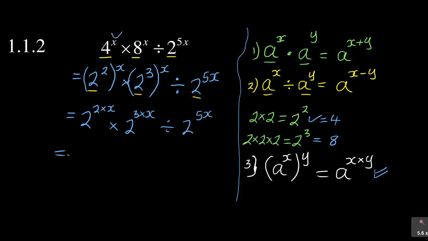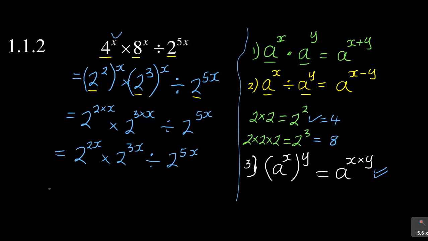Similarly, 2 to the power of 2x, and then times 2 to the power of 3x, and then it's divided by 2 to the power of 5x.